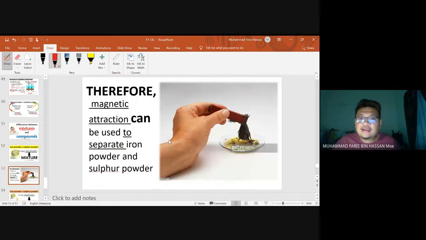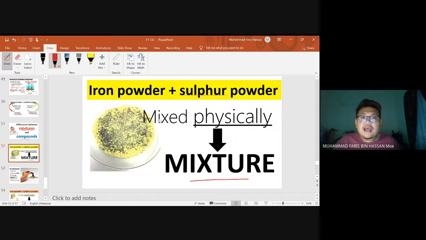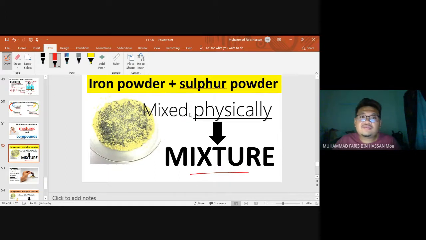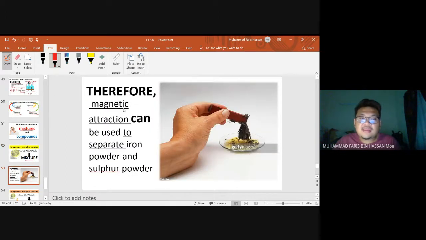And then, therefore, magnetic attraction can be used to separate iron powder and sulfur. Because as we all know, iron is a metal, whereas sulfur is not a metal.